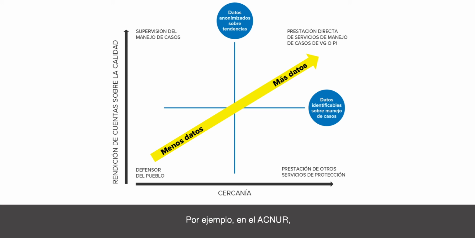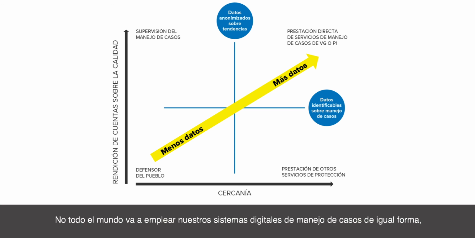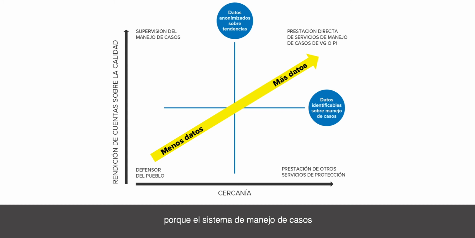So for example, with us as UNHCR, the way you would use V4 and the child protection or the gender-based violence module will depend upon this. Not everybody is going to use our digital case management systems in the same way, because our case management system is not collecting the same information, because we're not necessarily always doing the same provision or procedures in different contexts.